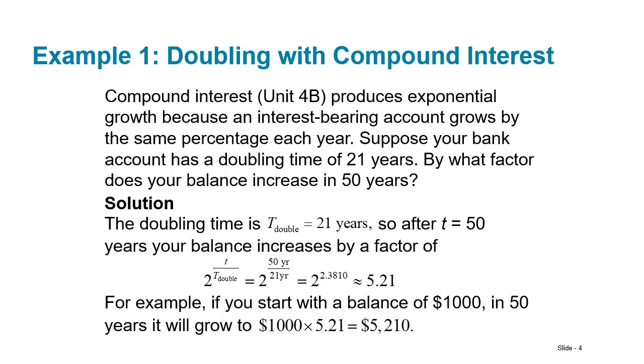And 50 over 21 reduces to 2.38, and so on. You take 2 and raise it to that decimal power, and you get about 5.21. So it's 5 times as big as what it started. If you started with $1,000, in 50 years it will grow to $5,210. That's how this idea works.